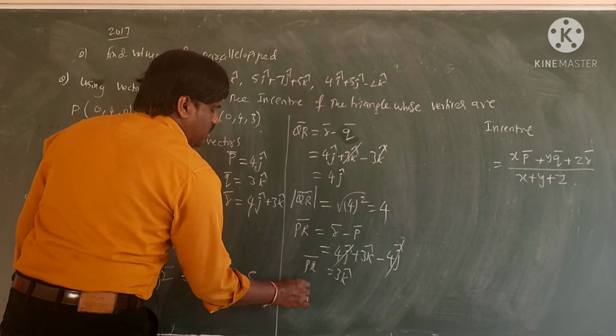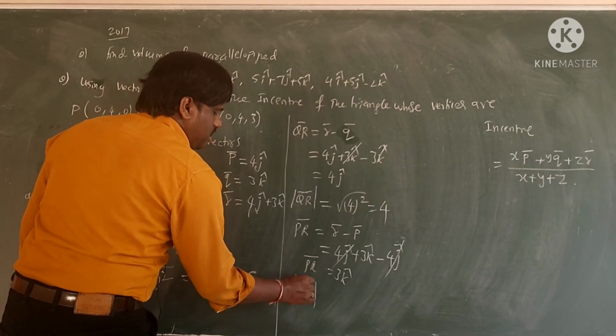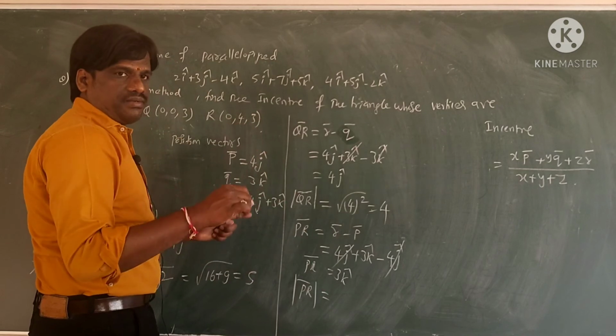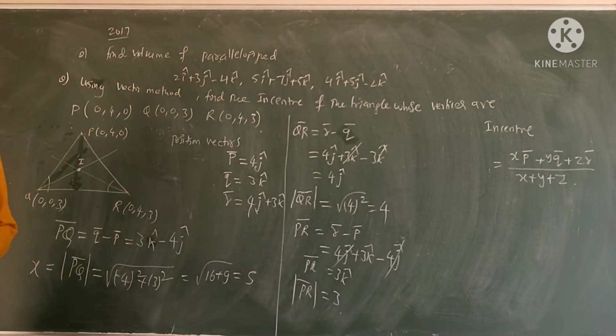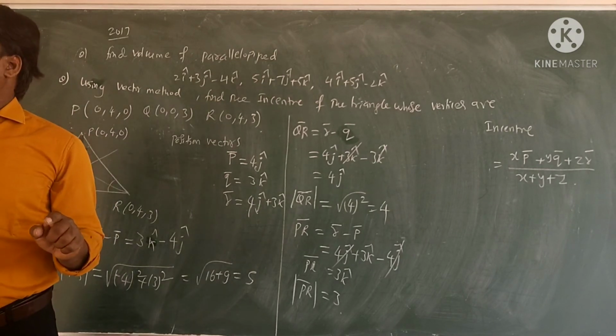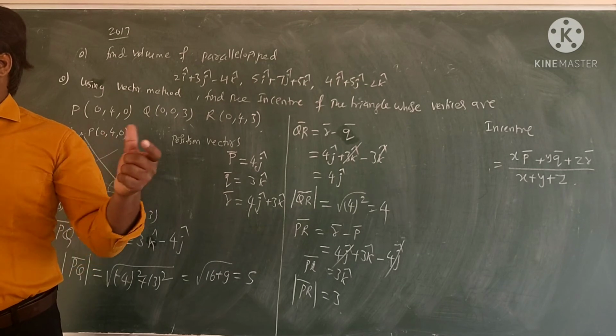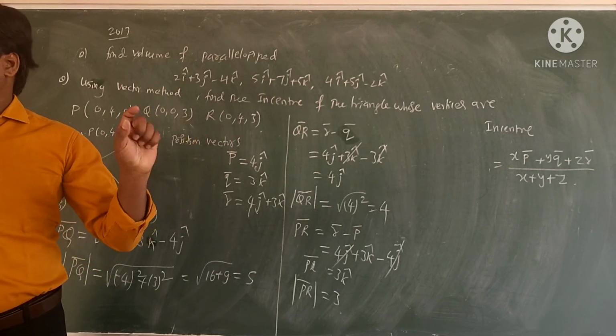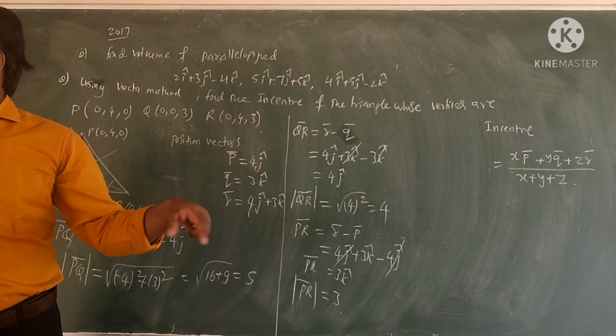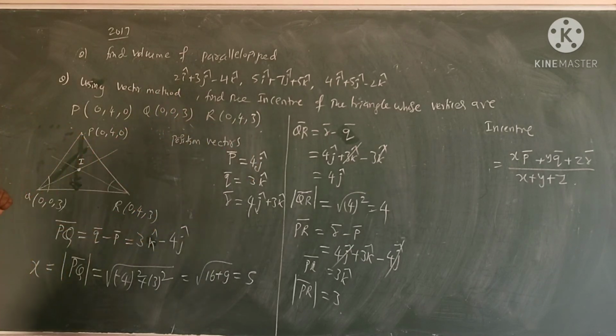Now what is the magnitude of PR vector? Under root of 3 square, so how much is that? 3. The magnitude is under root of 0 square plus 3 square plus 0 square. I component is 0, so 0 square. J component is 0, so 0 square, plus K component is 3 square. So you got PR.